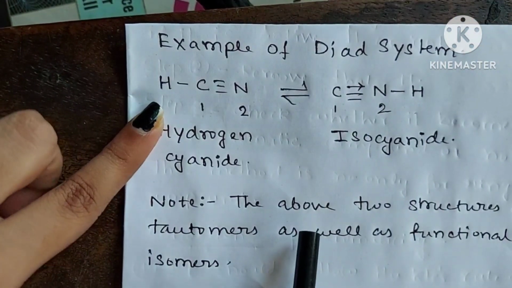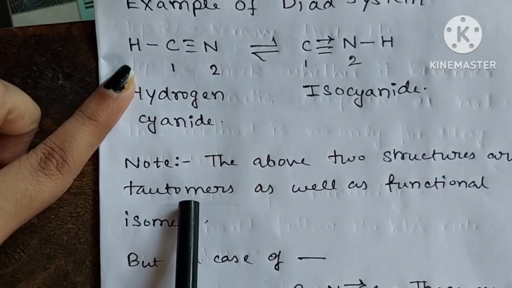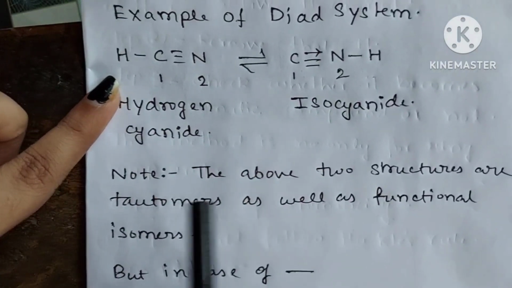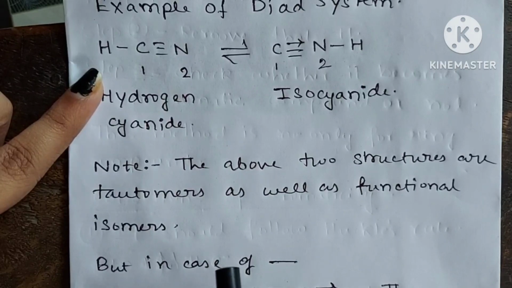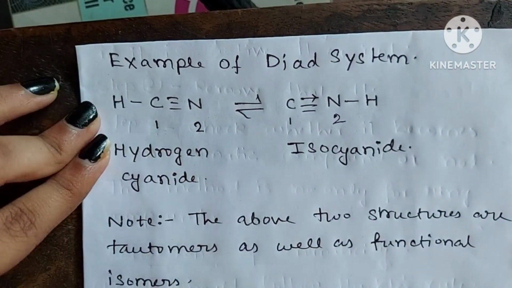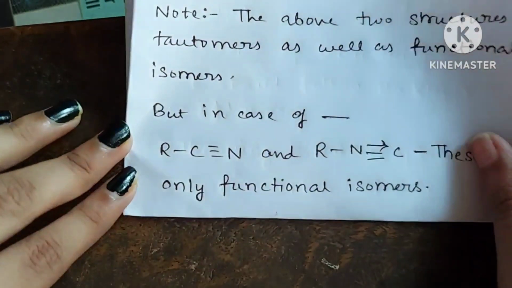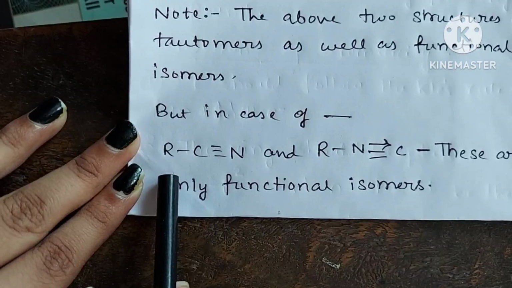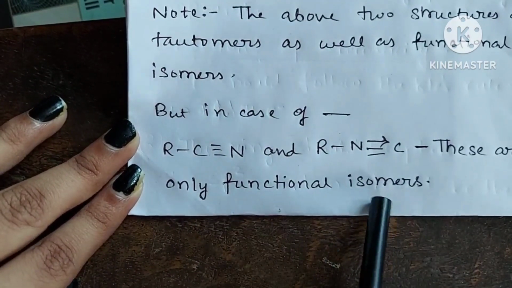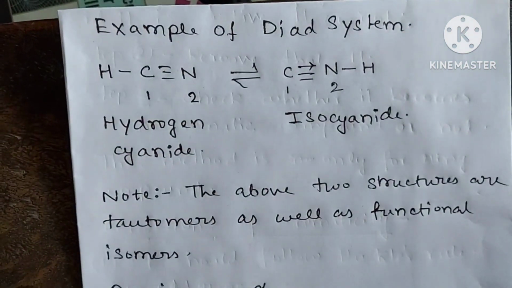But when hydrogen is there, we can call it functional isomers or tautomers. We will get both tautomers and functional isomers. That means when hydrogen is there, they will show functional isomerism as well as tautomerism. But when alkyl group is there in place of hydrogen, then only functional isomerism will be shown by them. So this was the example for dyad system.